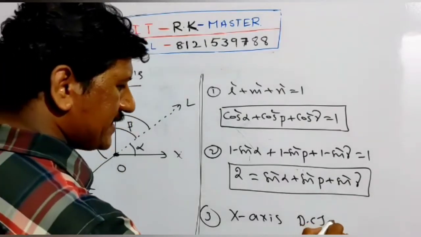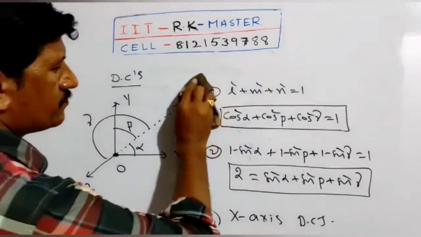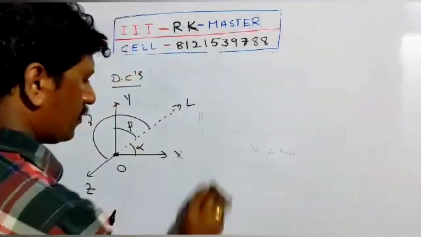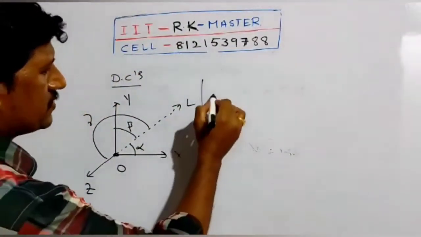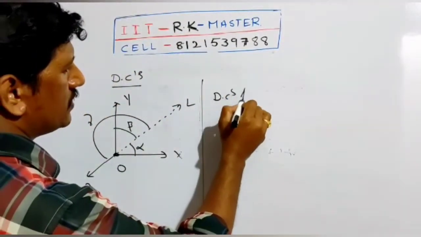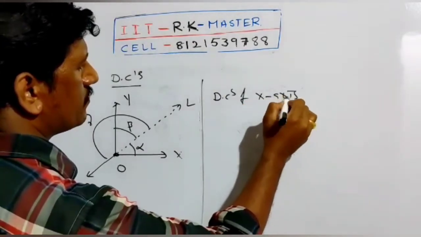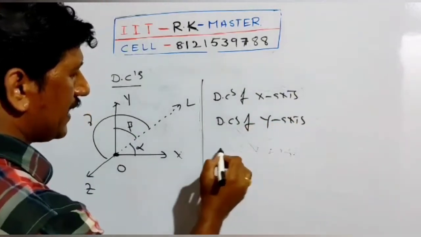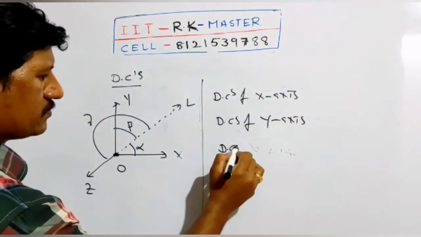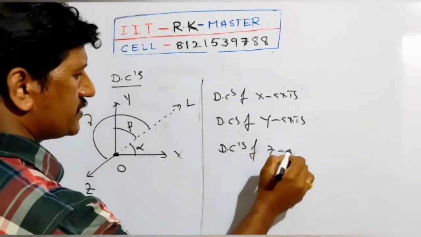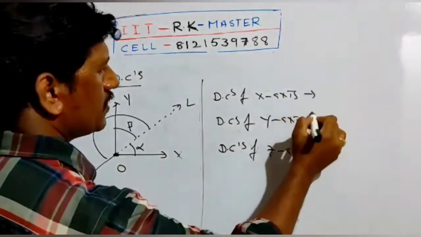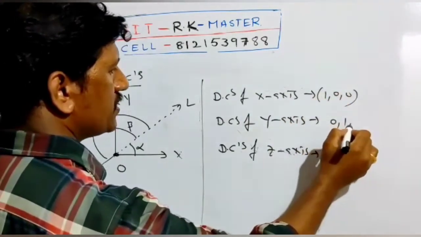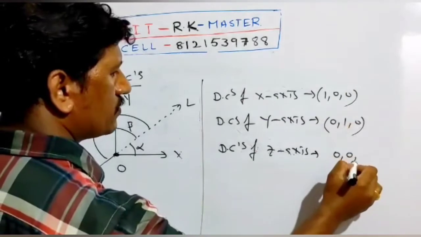So here the DCs of the x-axis, DCs of the y-axis and DCs of the z-axis, we have to remember, are 1 0 0, 0 1 0, 0 0 1.